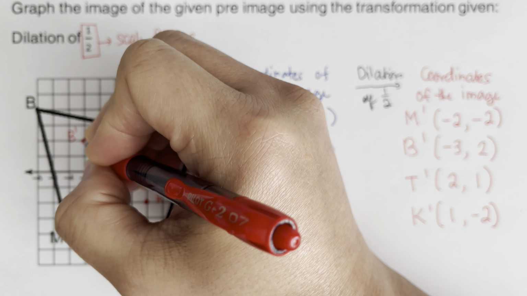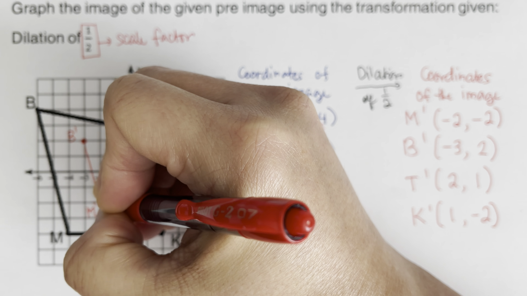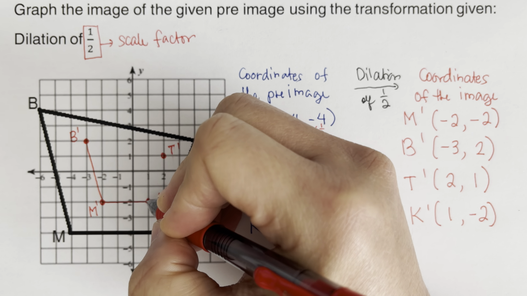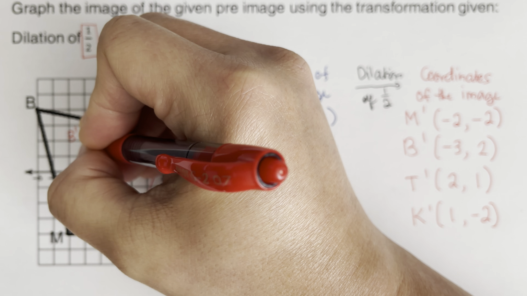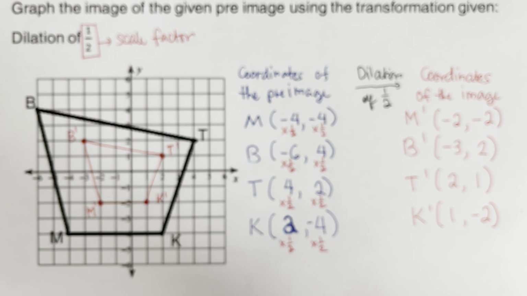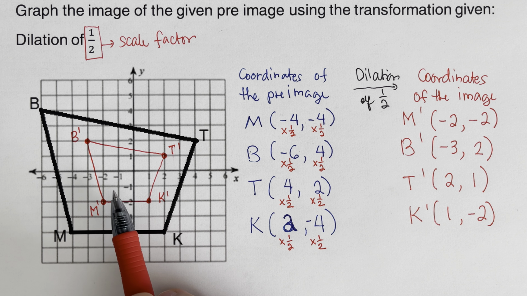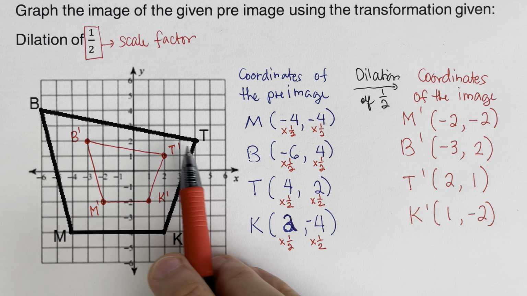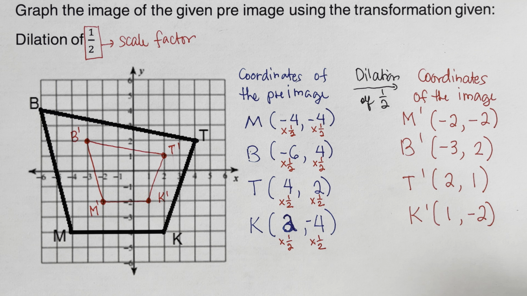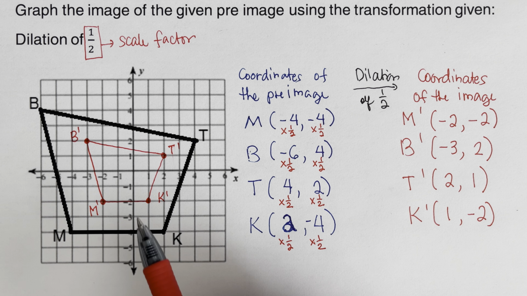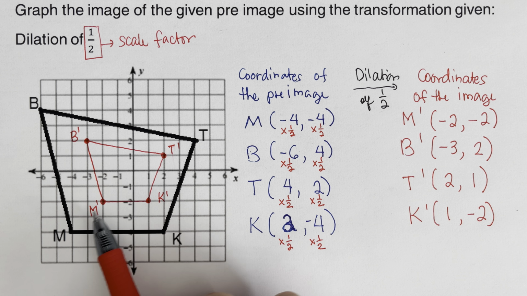So that we can go ahead and connect these dots together. These are the vertices of this quadrilateral. So then we go ahead and say that this, in the red one, is our image, and this original picture that we have here is our pre-image. Now notice that in this picture here, our image is smaller compared to that of the pre-image.